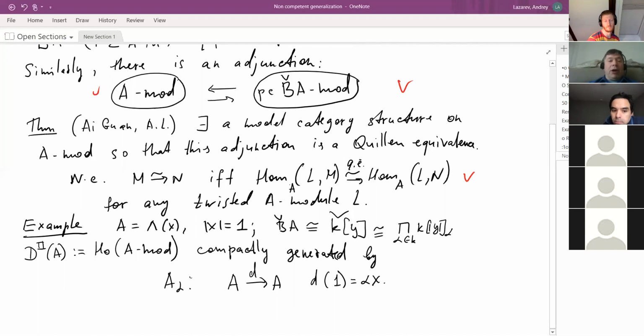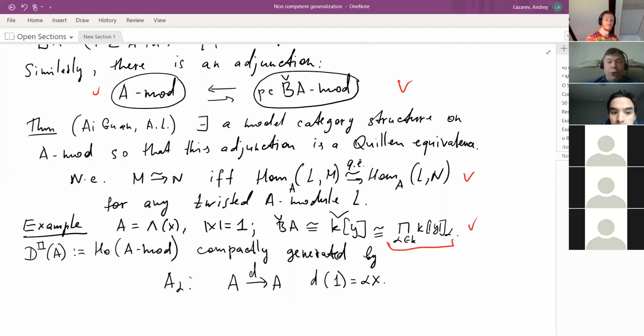Well, the augmentation ideal here is just one-dimensional. And then we desuspend it, it becomes degree 0, and then we take the polynomial algebra, but we don't stop here. We pseudo-compactify it, okay? So we get this enormous thing, okay?